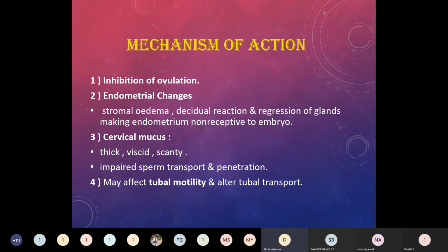Mechanism of action is through inhibition of ovulation. Estrogen prevents the FSH surge and prevents formation of a Graafian follicle, and progesterone prevents the LH surge, thereby inhibiting ovulation.